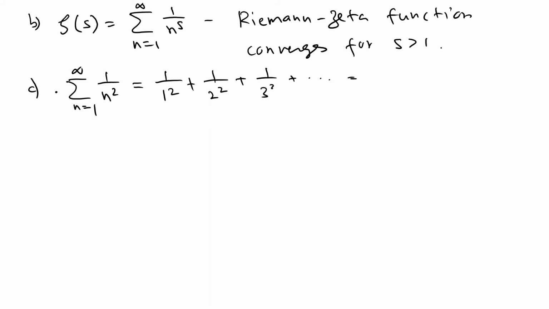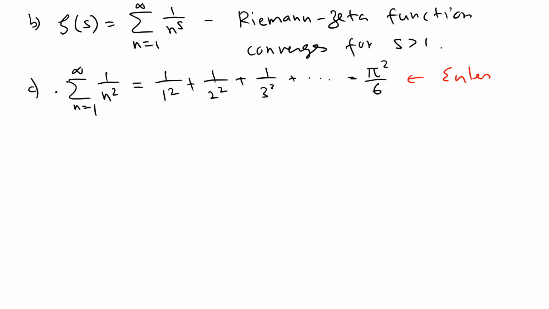This series is proven to converge because p equals 2, which is more than 1, so it's going to converge. And Leonhard Euler proved that this converges to pi squared over 6. So this was proved by Leonhard Euler.